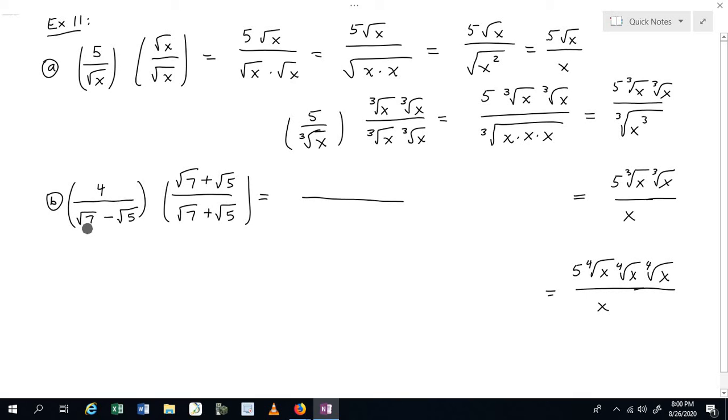So we have to do first, outer, inner, last, right? So the first would be the square root of 7 times the square root of 7. Okay, then the outer would be the square root of 7 times the square root of 5. All right, then the inner would be negative square root of 5 times 7.